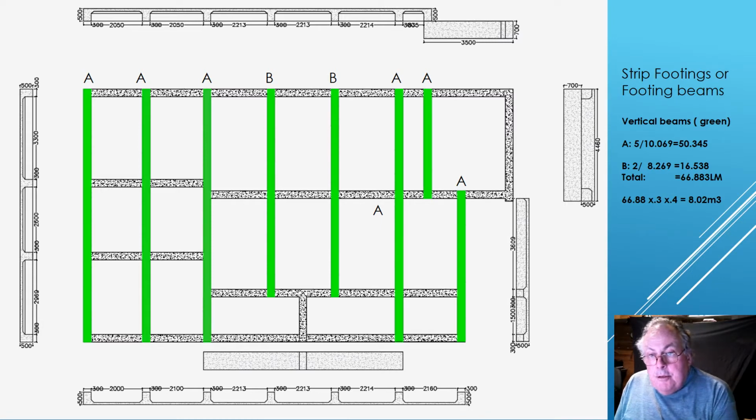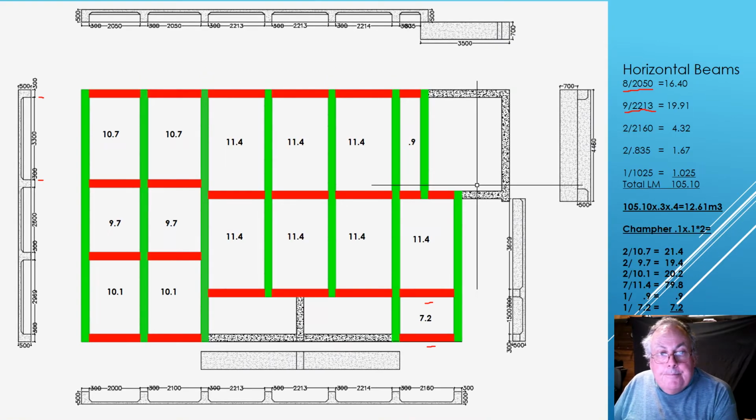So in this instance, we've got all of the A's added up together, 50.345, and the two B's, 8 meters 269, and we got that length by reducing 10 meters 69 by 1800. So overall total 66.88 times 0.3 times 0.4, which is the width and depth of the strip footing, gives us a figure of 8.02 cubic meters. Next slide.